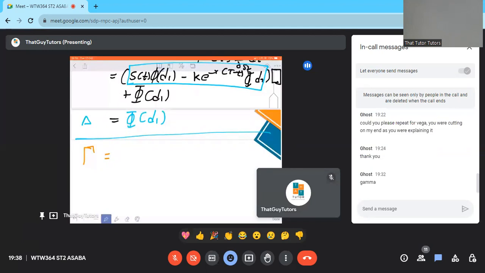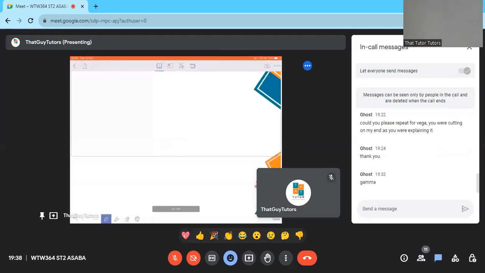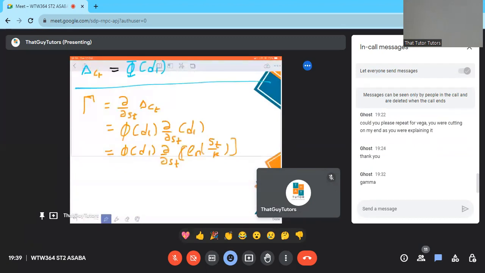And remember that the ST is in the log. And the log is ST over K, right? So you would basically have the derivative of the log of ST over K, and then you would have 1 over ST over K. And then you're going to differentiate.